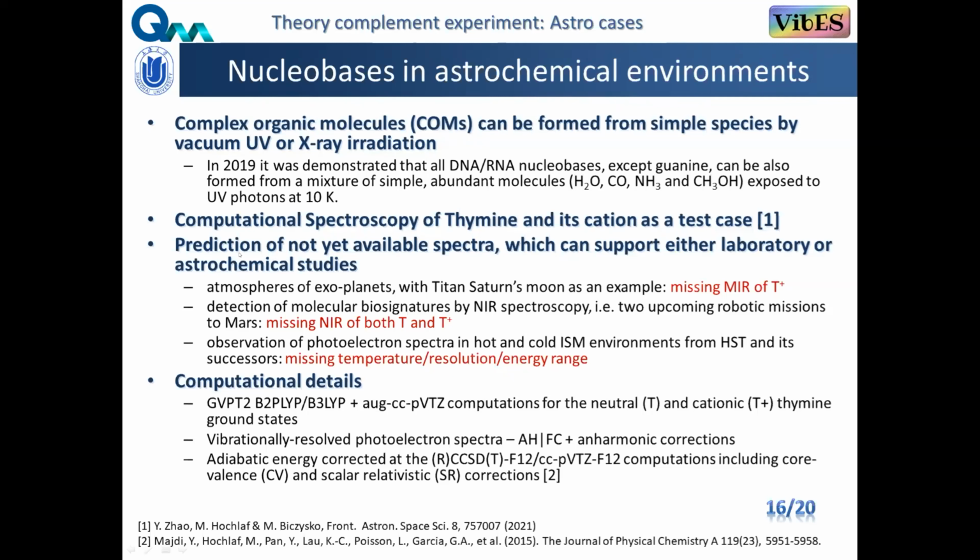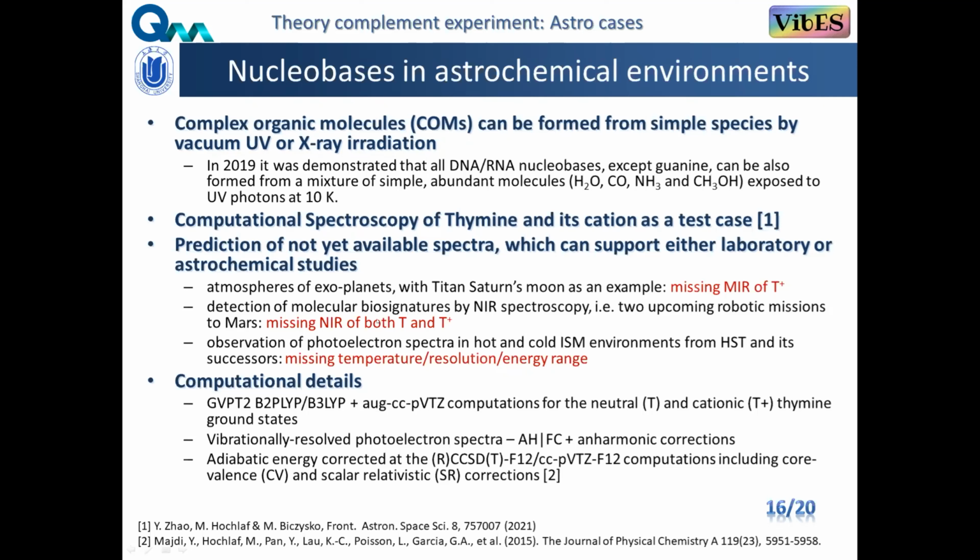So we aimed at predicting spectra which are not actually available experimentally and can support either further laboratory studies or directly astrochemical studies. If we think about atmospheres of bodies like Titan and Saturn, of interest is the mid-infrared spectrum. For example, there is no measurement for the thymine cation infrared spectrum.